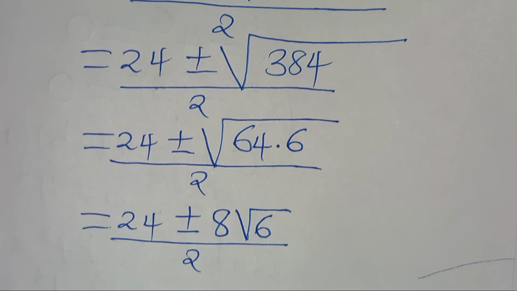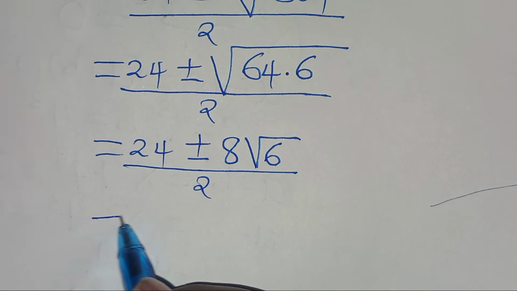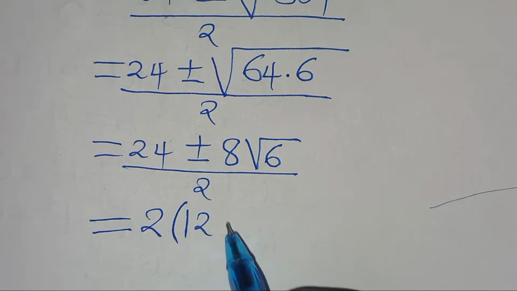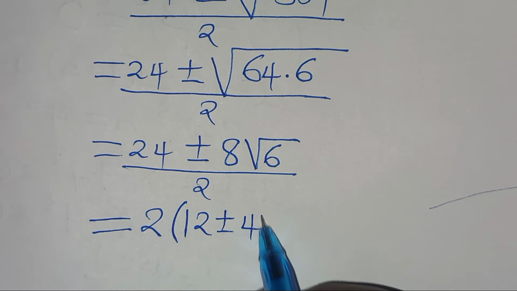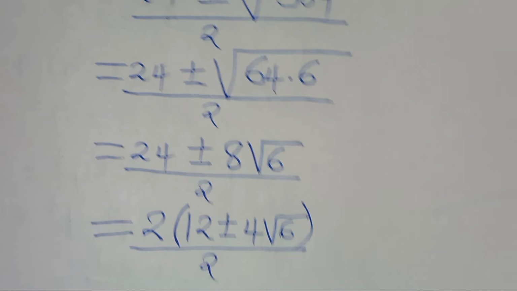The next step is that in the numerator, you find that 2 is common, so we can factor out 2, so that we have 12 plus or minus 4 square root of 6, everything divided by 2.